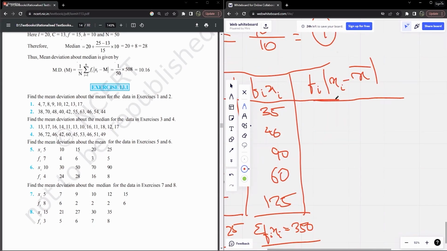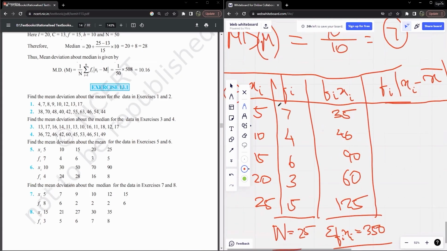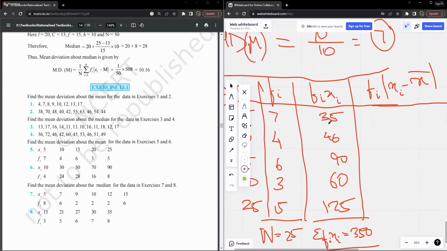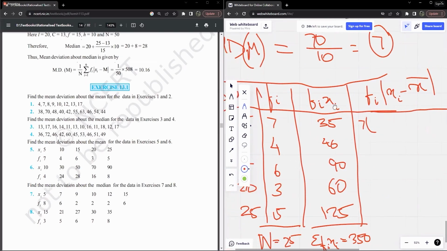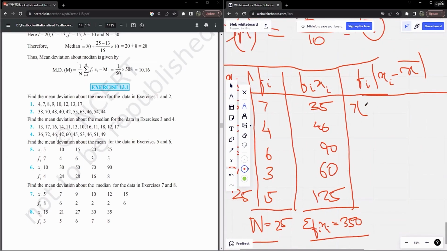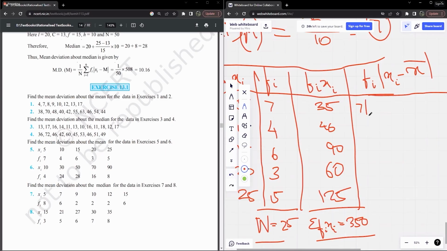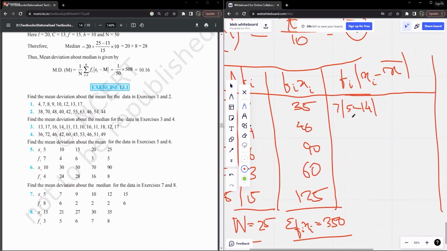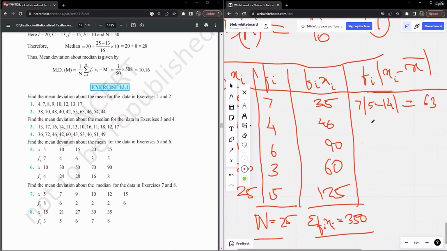So this is going to be fi times mod of xi minus x bar, which is basically 7 into mod of 5 minus 14, which is 7 into 9, that's 63. This is 4 into mod of 10 minus 14. That is going to be 4 times 4, that is 16.